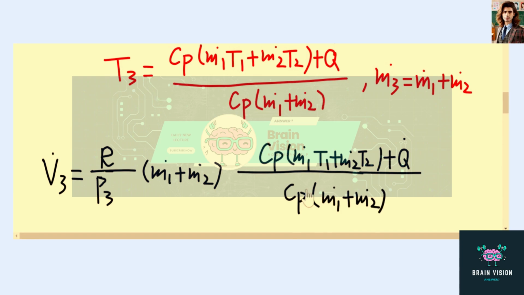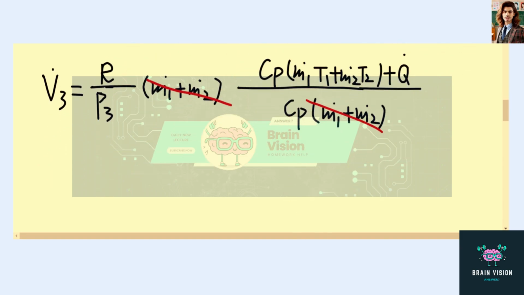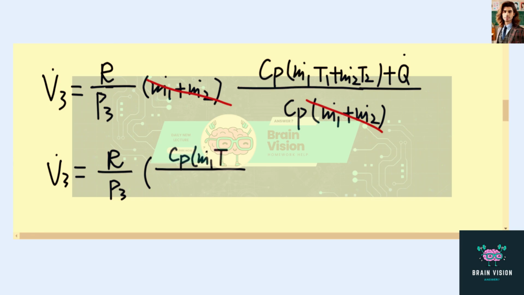As you can tell, M1 dot plus M2 dot can be cancelled out, and this will give us V3 dot equal to R over P3 multiplied by Cp times M1 dot T1 plus M2 dot T2, over Cp, plus Q dot.